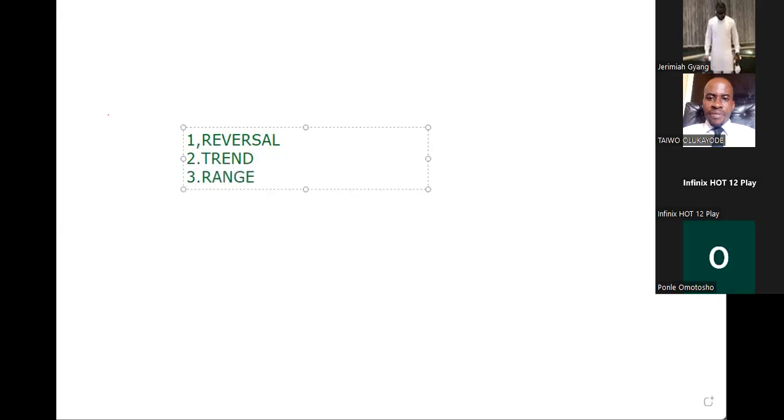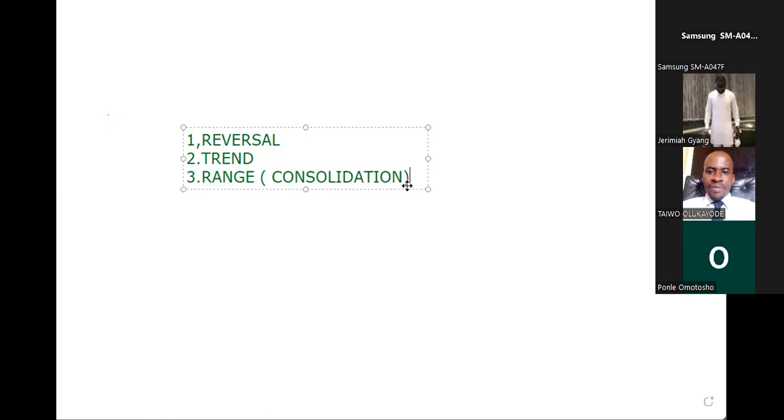Now, a range is also the same thing as a consolidating market. Any one out of these 3 scenarios is regarded as the market condition. All right? So for today, we are going to focus on reversal for the next few minutes, and then we'll move on from there.